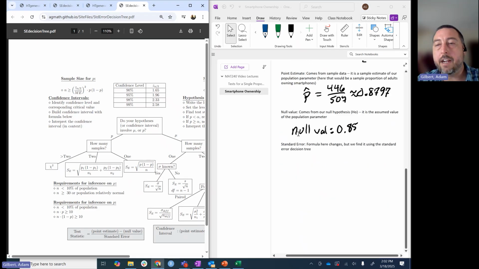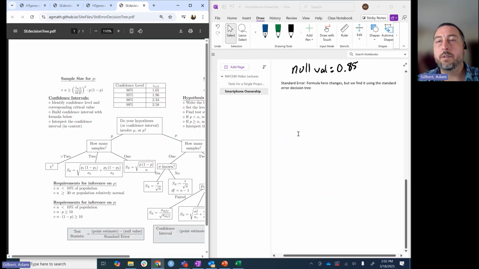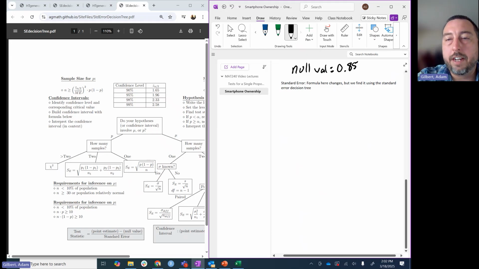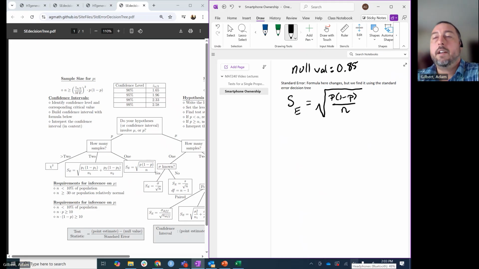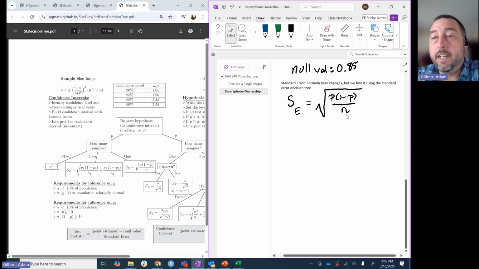And so coming back to our OneNote screen, we now have the formula for our standard error. It is SE equal to this big square root of P times 1 minus P over N, the sample size. Now, the P that we're using in this standard error calculation is our best guess at the correct population proportion.